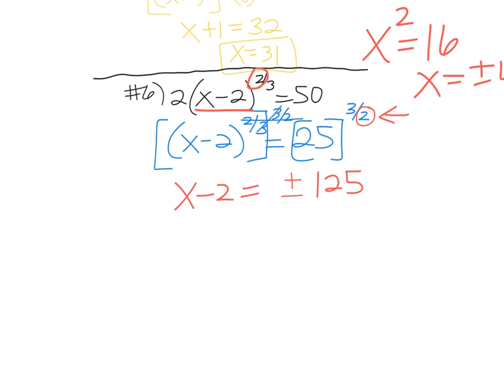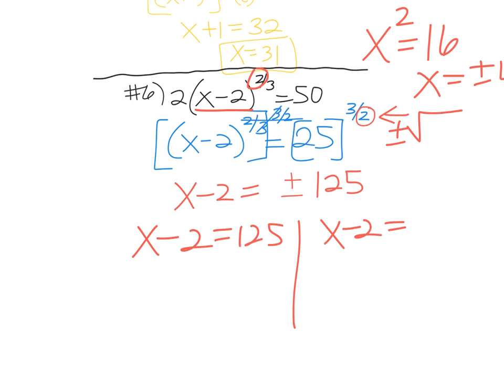We're square rooting both sides at this step. And when you square root both sides, you have to do plus or minus in an equation. All right, so we really have 2 equations. We have x minus 2 is 125, and x minus 2 is negative 125. So x is 127. Add that, and you get x is negative 123.